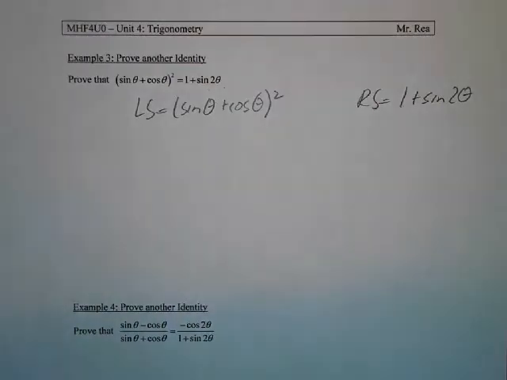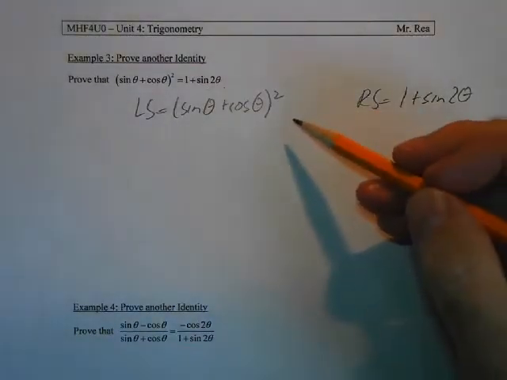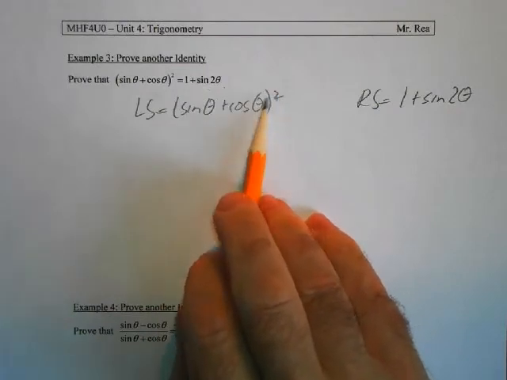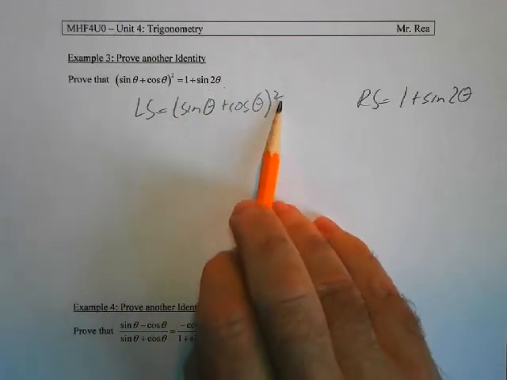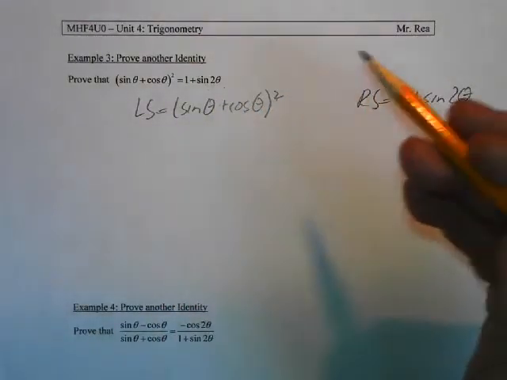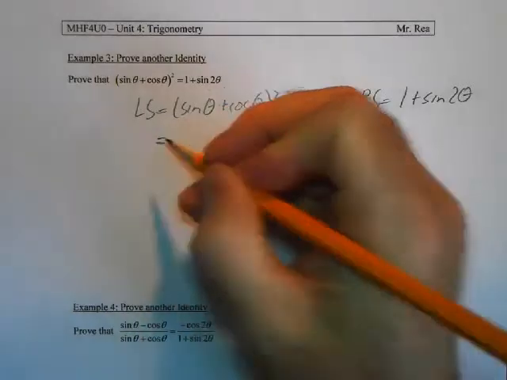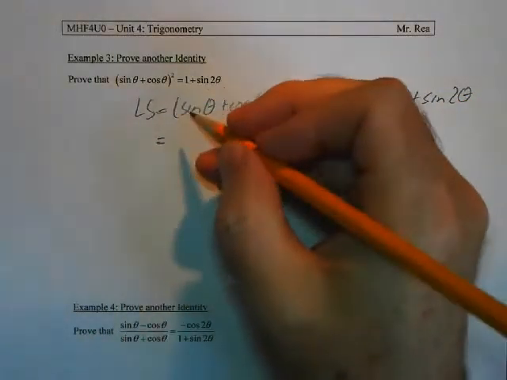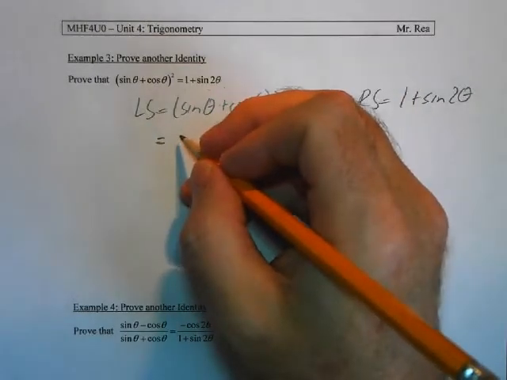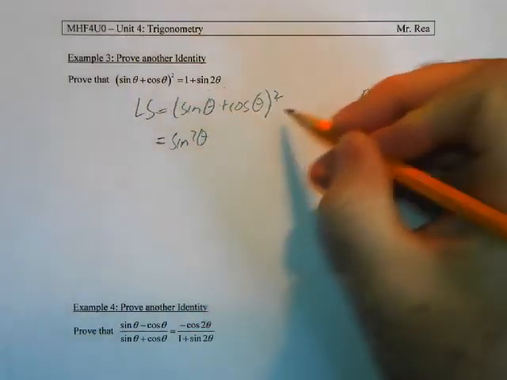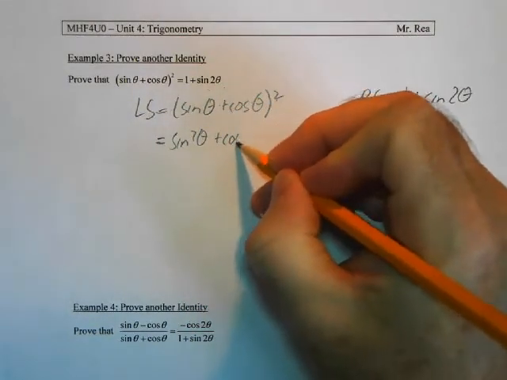So one of the strategies was to do the algebra, and what we could do here is just expand this out. So remember, this thing squared is not just sine squared theta plus cos squared theta. It involves basically doing your FOIL. So what you do get when you do this, I will get a sine squared theta, and I will get a cos squared theta.